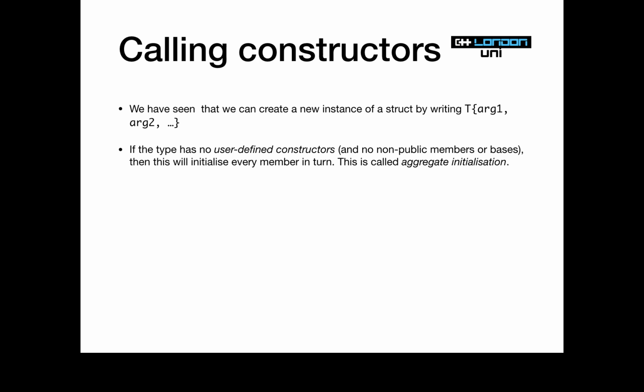What if you had a third member field, so it's int x, y, z, in the first version, and let's assume the fields were the same in the second as well. And then you did point P with 1, 2 in braces, with aggregate initialization.